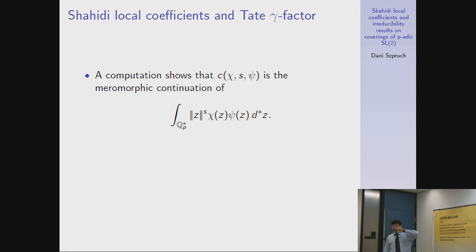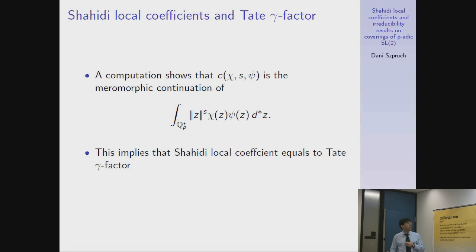So this is quite remarkable, that some rational function in p to the minus s that was defined using one uniqueness theorem is actually equal to another factor defined using a completely different uniqueness theorem. This one came to explain the L-functions, the Riemann zeta function, and this one came from the representation theory of SL2. This is quite remarkable, and in fact, by doing this trick with other groups, you can produce many more L-functions. So Shahidi coefficients are Tate gamma factors.